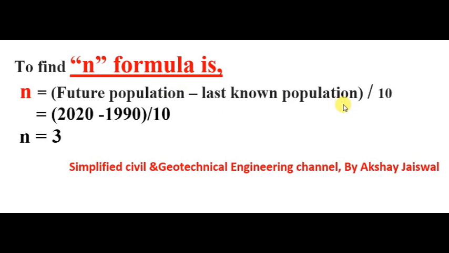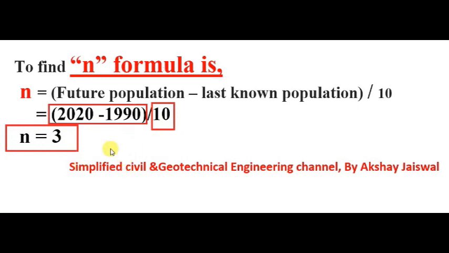Now we will find value of n, and to find the value of n, the formula is future population minus last known population, divided by 10. In the question it is given that we need to find out population in year 2020, and last population given is for the year 1990, and we will take difference between these 2 years and divide it by 10. We will get value of n as 3.